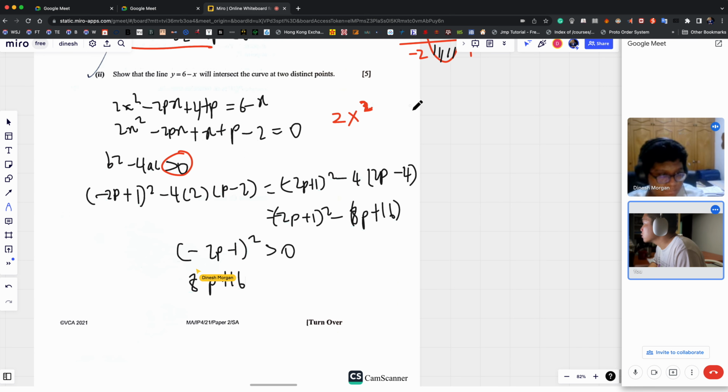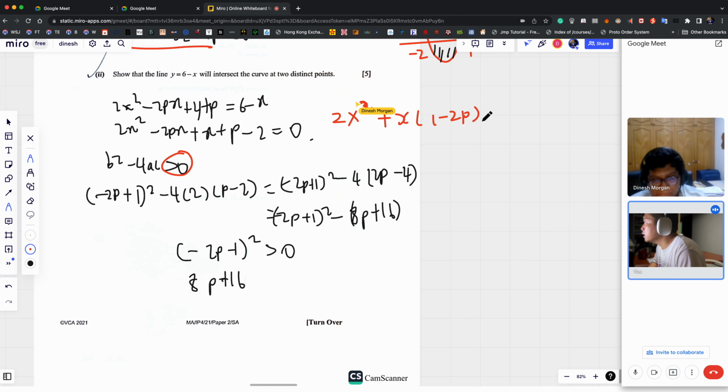So you take out the x, you get 1 minus 2p, and then you have this p minus 2. You substitute this in, so therefore you have b squared minus 4ac.